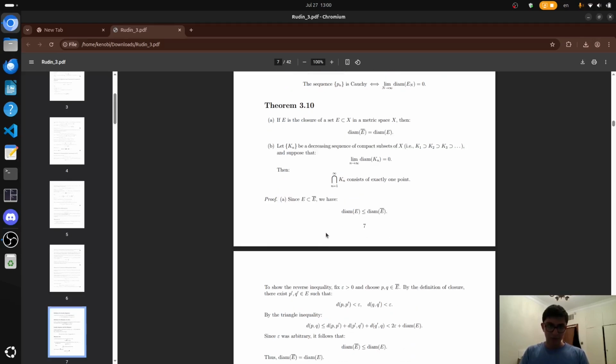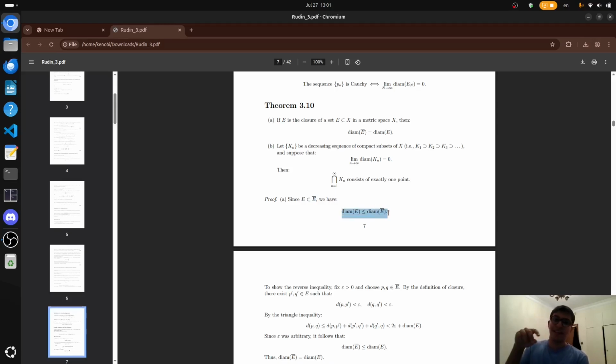So the proof here is that we want to see some inequalities and prove that they are the same thing, so it's equal. And one way is that we take E is inside E closure, so the diameter of E is less than or equal to the diameter of E closure.